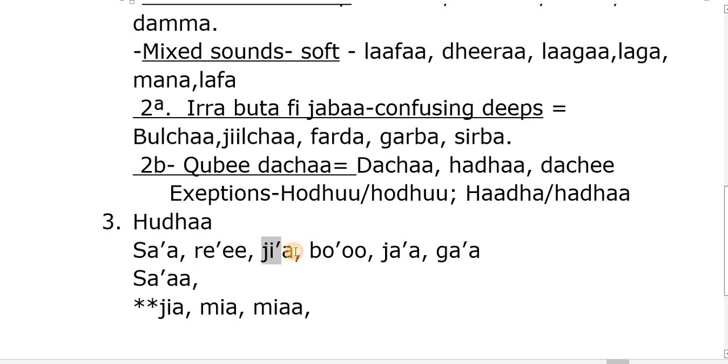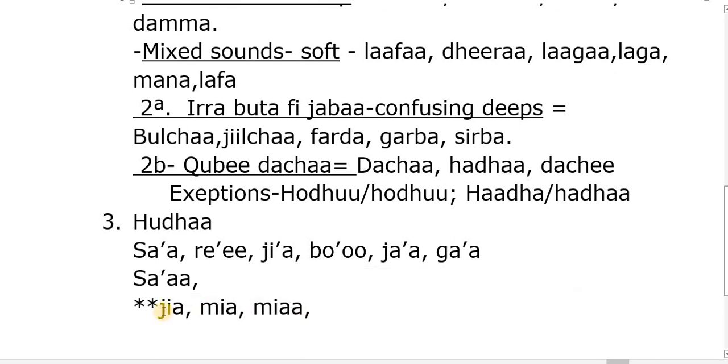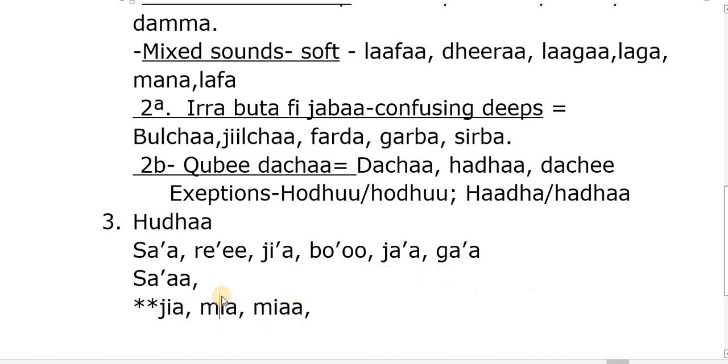So as I said here, maybe we don't need to use apostrophe, but the rule says when you hear a clearly outspoken vowel sound, use apostrophe to indicate that. Ja'a, so I hear a. Mi'a, so I hear a.